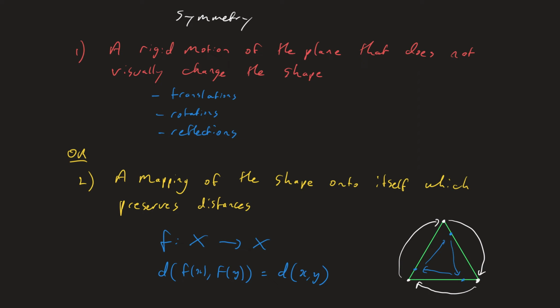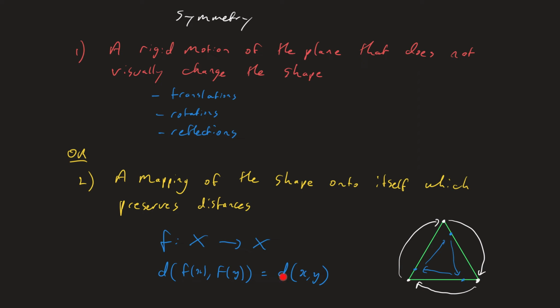The function that does this mapping must preserve distance if it is to be of interest to us. So this blue point down here, if it were 1 centimeter from this vertex here, then if this vertex gets mapped to this vertex, this point must get mapped to a point which is 1 centimeter away, so that distances are preserved.